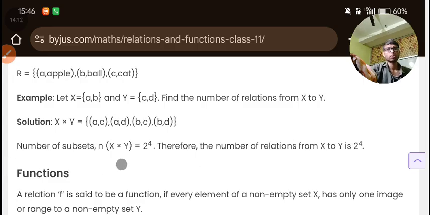Now the number of subsets, where n of x multiplied by y is 4, is 2 raised to power 4. 2 to the 4: 2, 4, 8, 16. Therefore, the number of relations from x to y is 16.